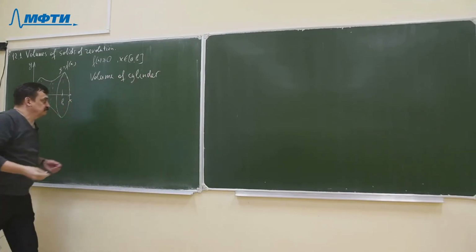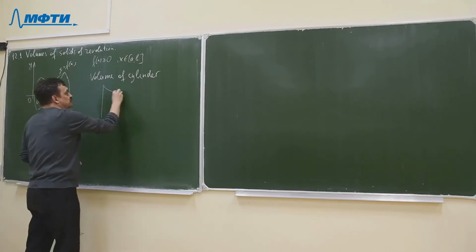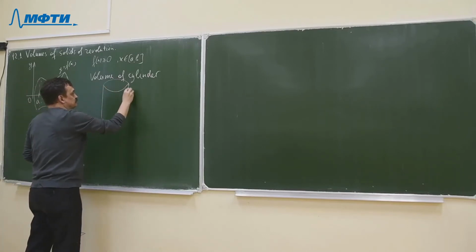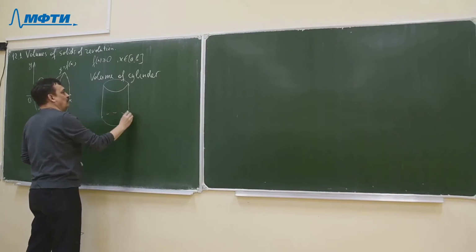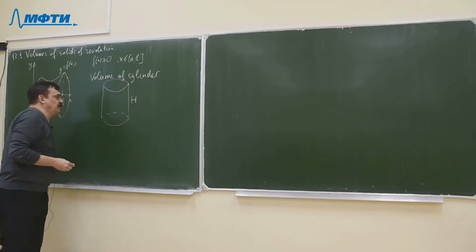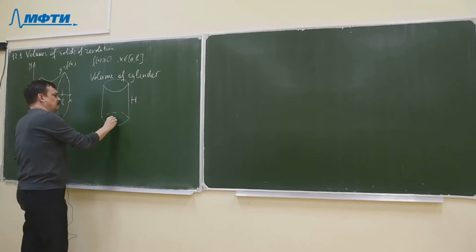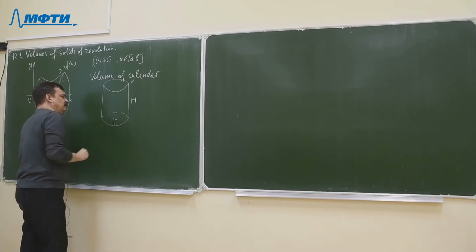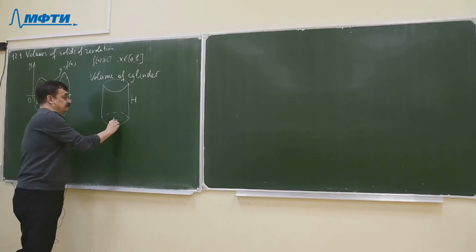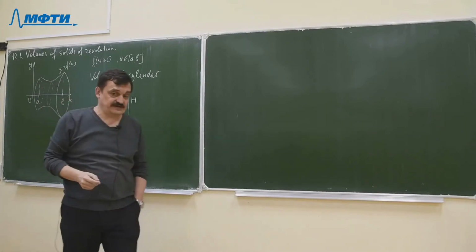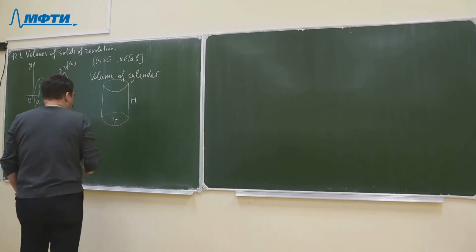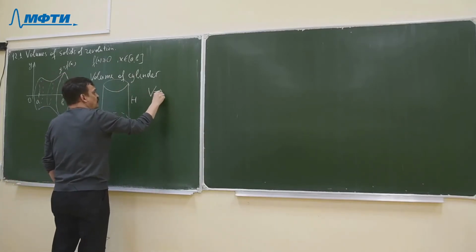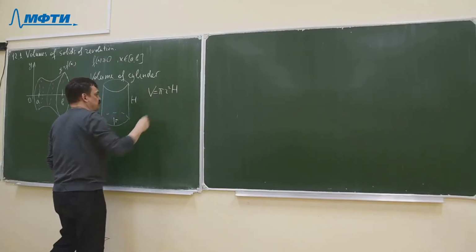If we have a cylinder of height h and radius of the base r, then the volume is pi r squared h.